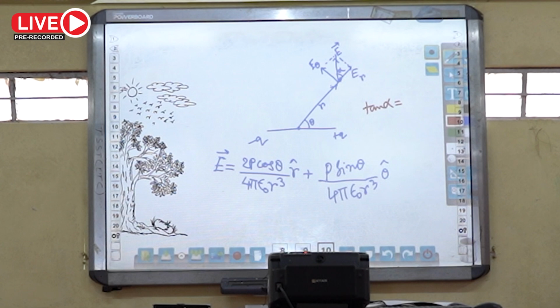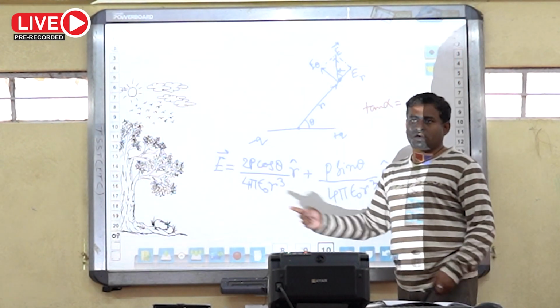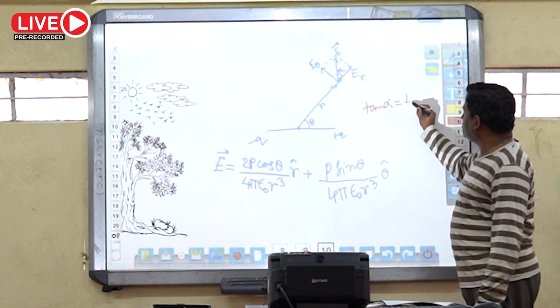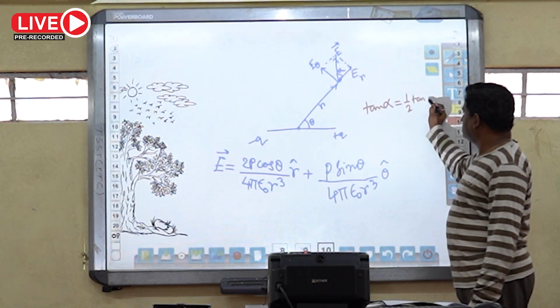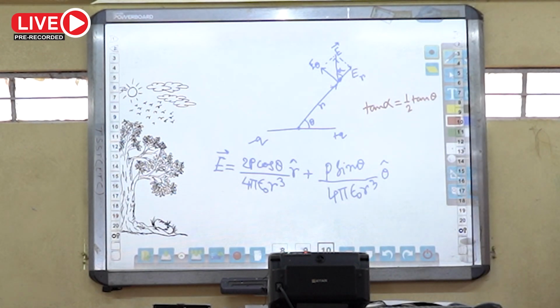So tan alpha will be E theta by ER. So E theta is this one, ER is this one. So it is coming tan alpha equal to half tan theta. Okay.